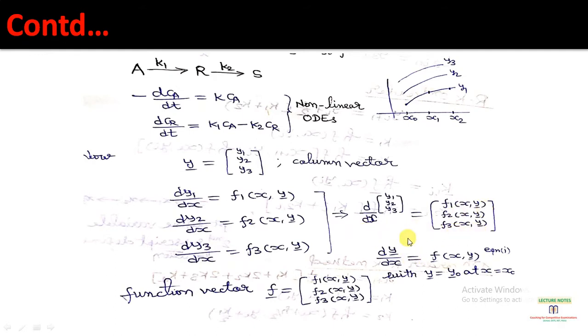Further we can write this equation in this form: dy/dx, with y a column vector, equals to f, a column vector function of x comma y column vector, with boundary condition y column vector equals to y0 column vector at x equals to x0. The function vector f equals to the matrix f1 function of x comma y column vector, and so on.